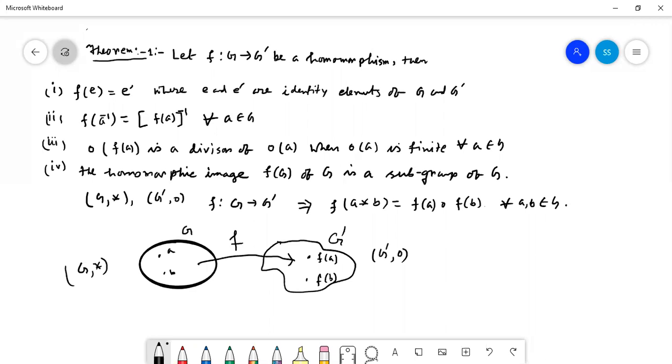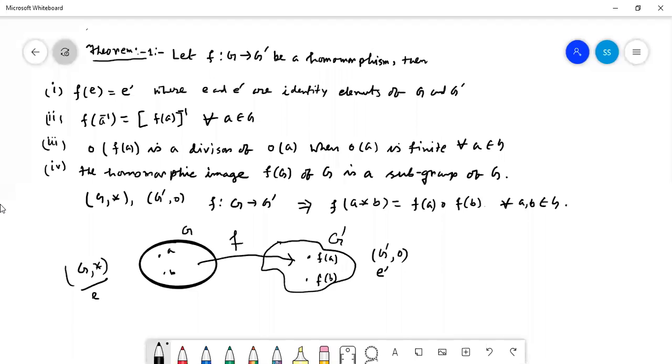Here G star is a group, so it has an identity element, and G dash with composition is also a group. We take its identity as e dash. Now look here. Number 1, f of e equal to e dash. If we take e here, then e is mapped to e dash.